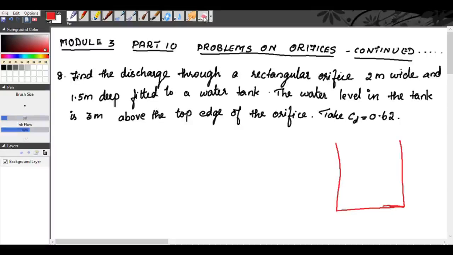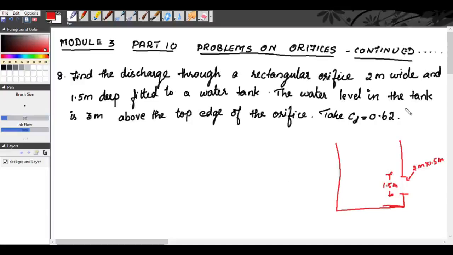This orifice is 2 meter wide and 1.5 meter deep, that is, 2 meter by 1.5 meter, fitted to a water tank.